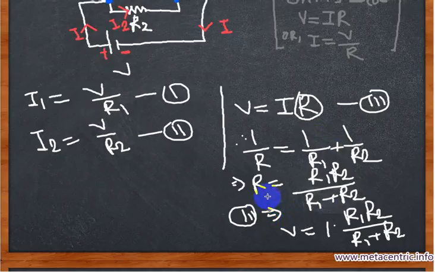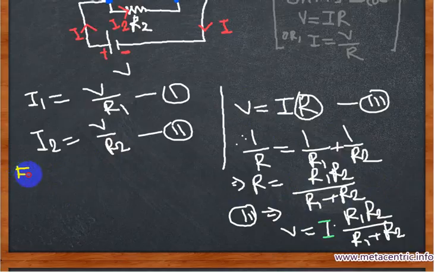Plugging the value of R into equation 3, we will get the value of V. So V is equal to I into R1 into R2 divided by R1 plus R2. Plug the value of V into equation 1.